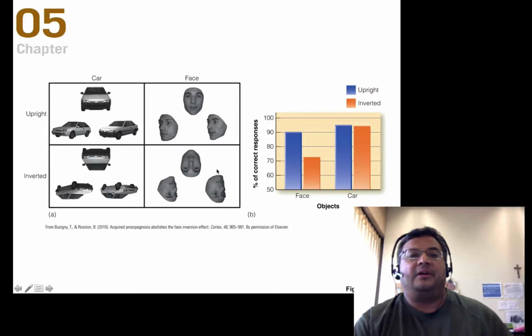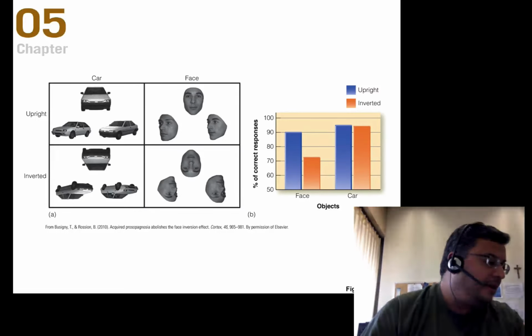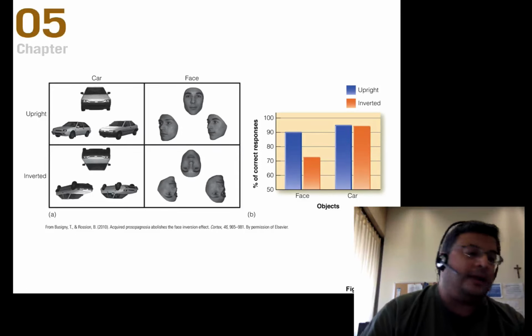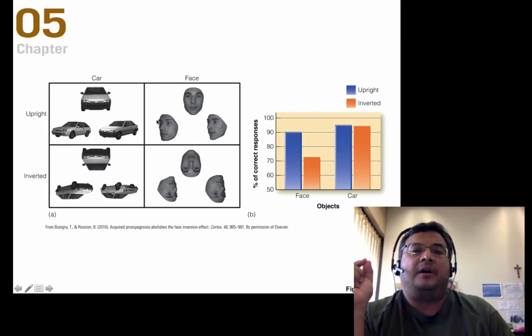We tend to make more mistakes when matching faces. We do a worse job at matching faces when they're upside down versus when they are upright.